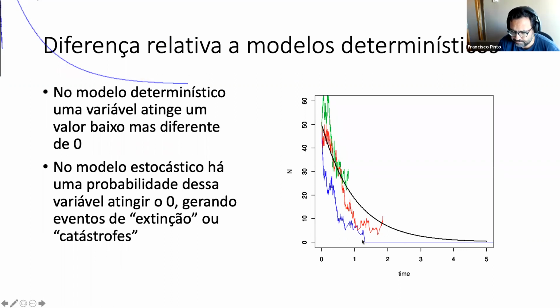Okay, so that is something that you never see in systems of differential equations, but in stochastic simulations, you may observe events that we can call extinction events or catastrophic events, where by random chance, the values of the variables reach either a minimum or a zero or explode to a very high value.